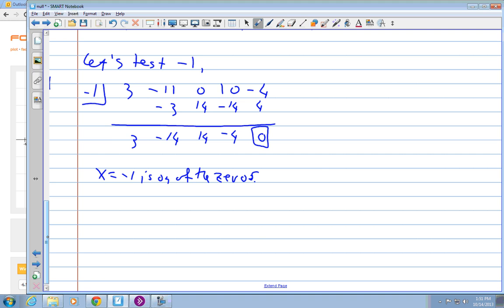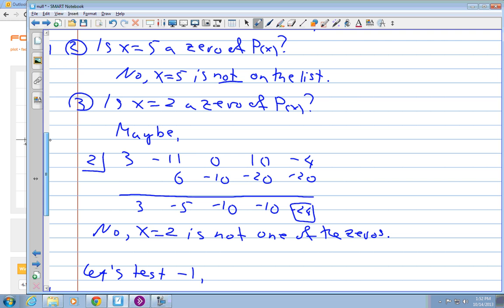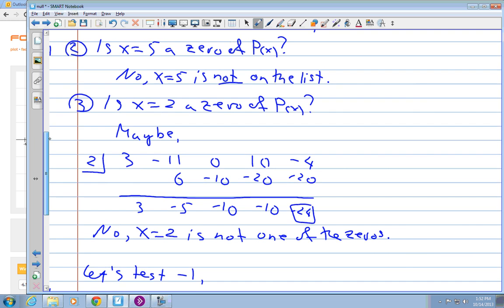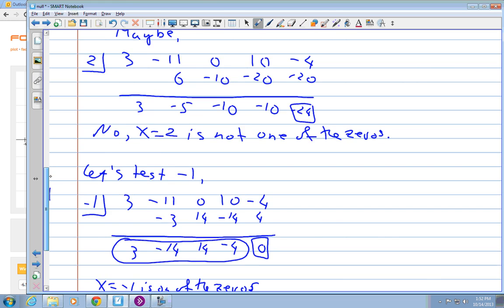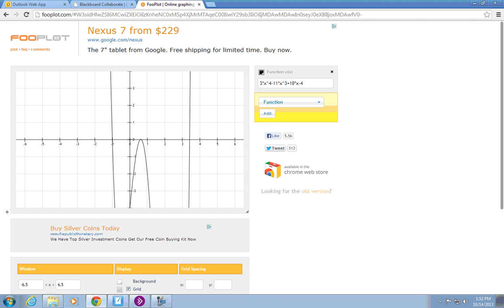But our quotient is still a cubic, and cubics are hard to solve, right? So we got one of the zeros. We still potentially can have 3 more. Remember, a 4th degree polynomial will have 4 zeros, with multiplicities. Going back to our graph, what else do you think might work? We have this zero all the way to the right, which is a little less than 3.5.